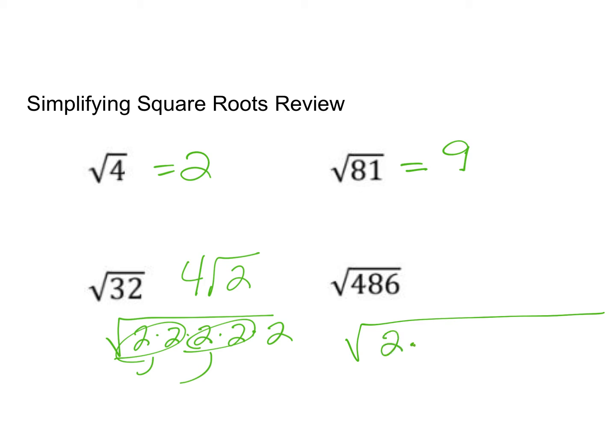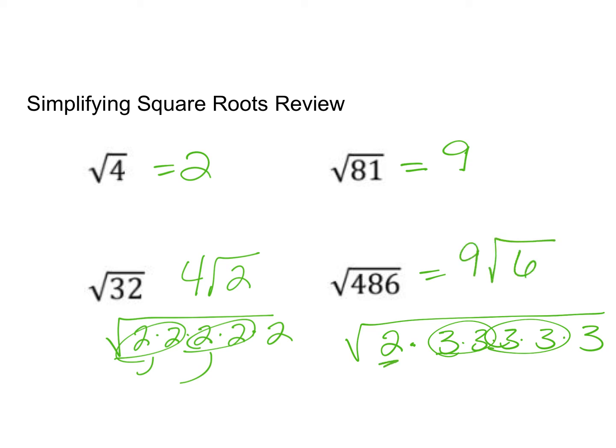So it'd be 2 times 3 times 3 times 3 times 3 times 3. Circling my groups of 2. Unfortunately, this is all I can take out, so this would be 9 times the square root of 6. Remember, what's left gets multiplied, and what gets taken out gets multiplied. So I just wanted to refresh your memory on how to do this, because it is going to come into play today.